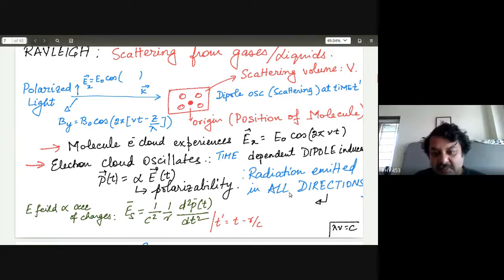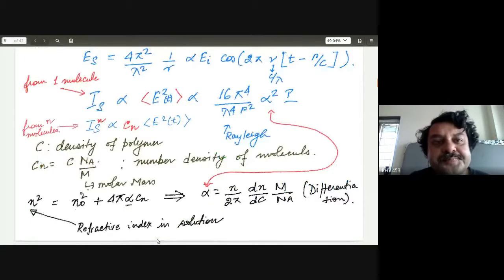So r by c is the time it takes for the scattered radiation to reach point r, which is here. That's how the electric field will be formed.